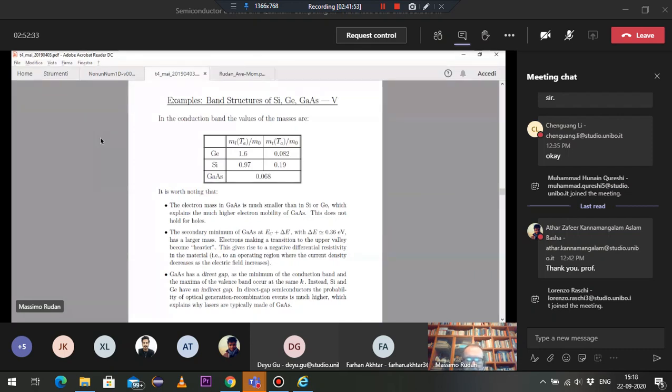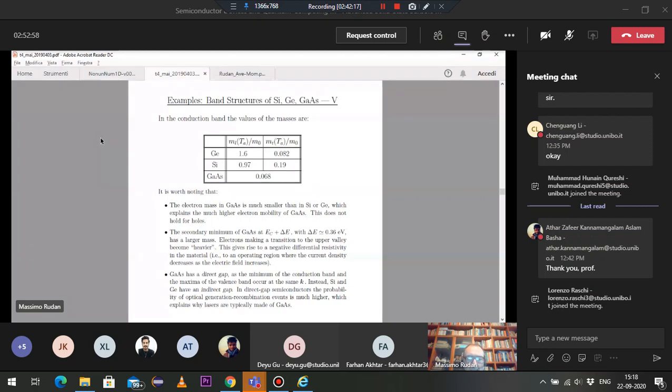You remember the mass describes the inertia of the particle when we apply an external field, okay? So essentially, if the mass of the particles is smaller, we expect that they will react faster, okay? And so the material will behave better to the application of an electric field.